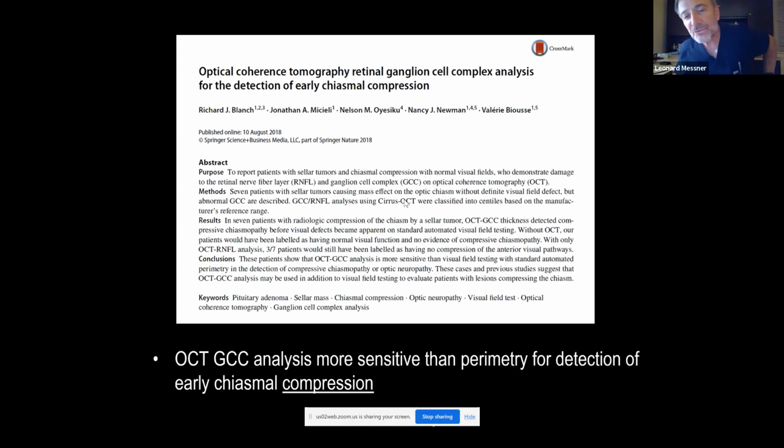Now, this was reported out of Emory University by Valérie Biousse, Nancy Newman, and their colleagues several years ago, as this ganglion cell layer or ganglion cell complex thinning being an early signature, and oftentimes being more sensitive than visual fields in the detection of chiasmal compression.